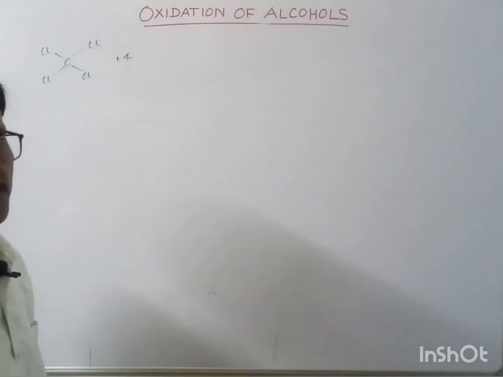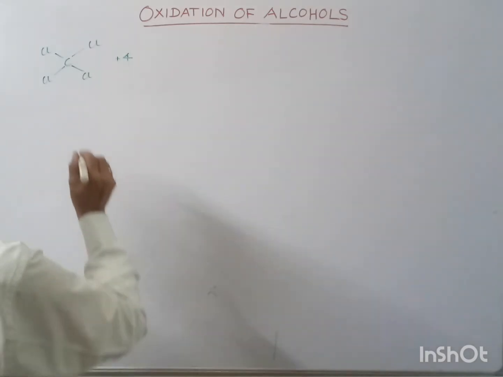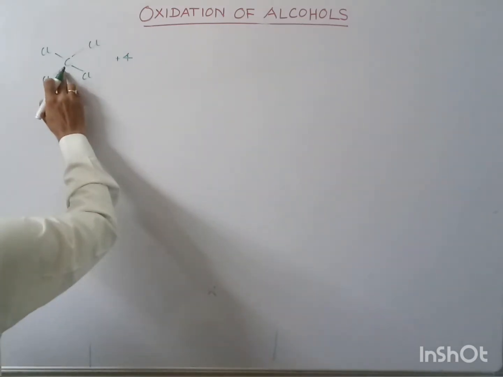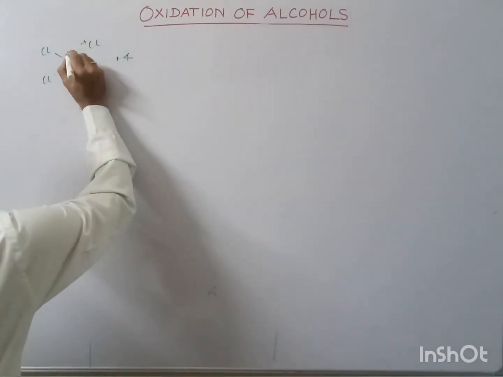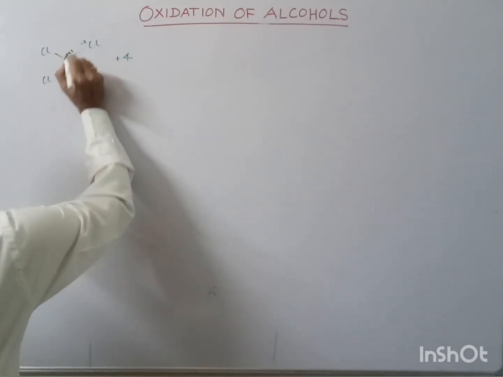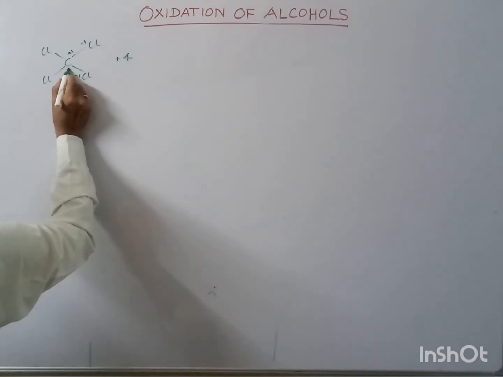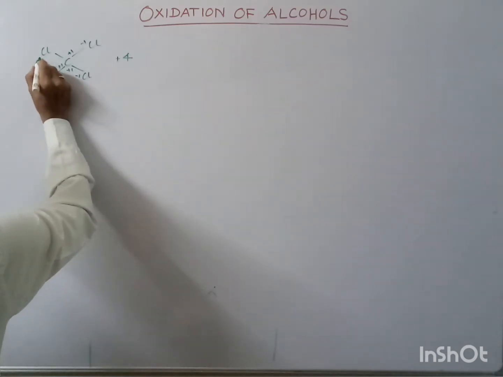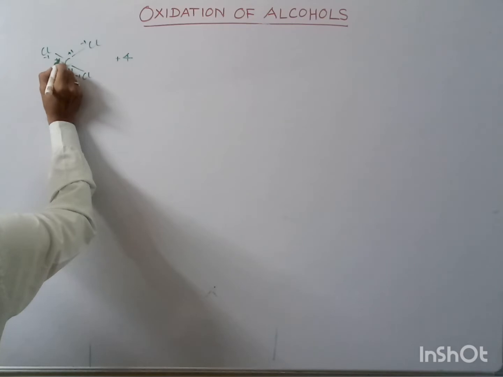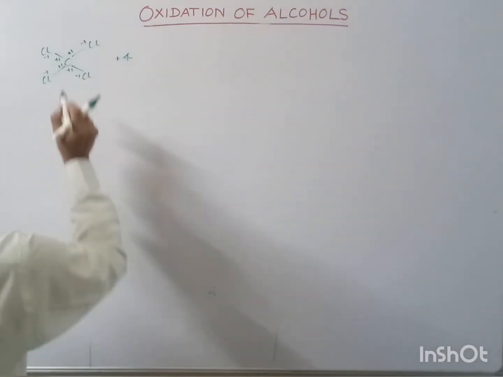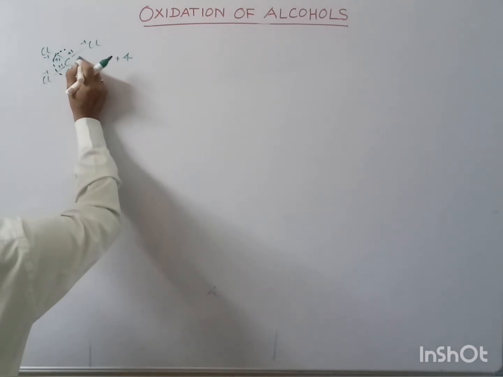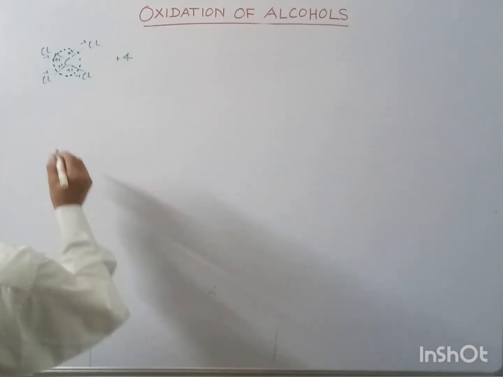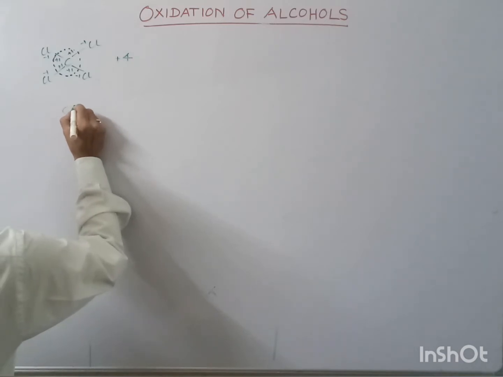How does this +4 come? Chlorine, being more electronegative than carbon, has -1 charge and carbon has +1 for each bond. Overall, at carbon there is a 4 times +1 charge, so the oxidation state is +4.